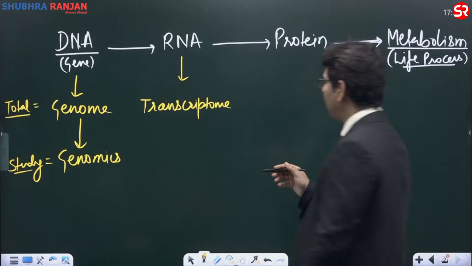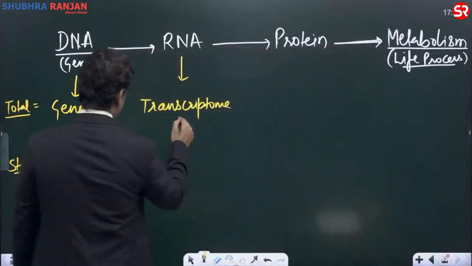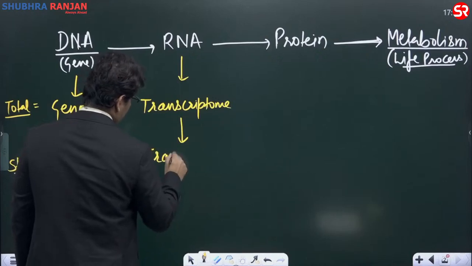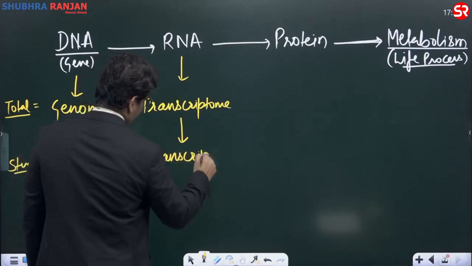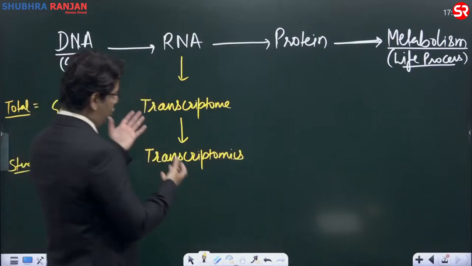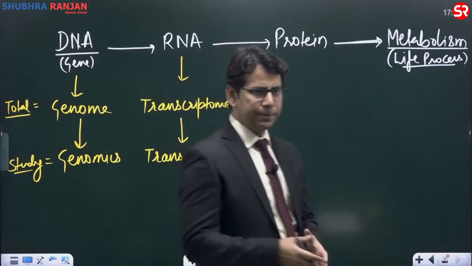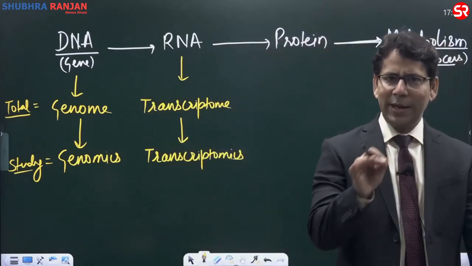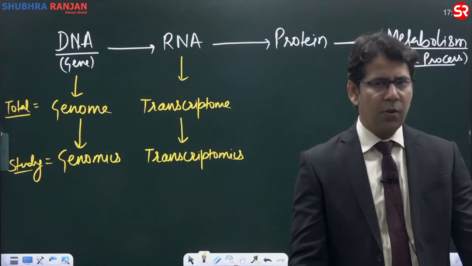And if we study the transcriptome, if we study all the RNA together, what will we call it? Transcriptomics. What do we call it? Transcriptomics. UPSC asked one question on transcriptome in prelims, and it said that the transcriptome word can be used for which of the following?